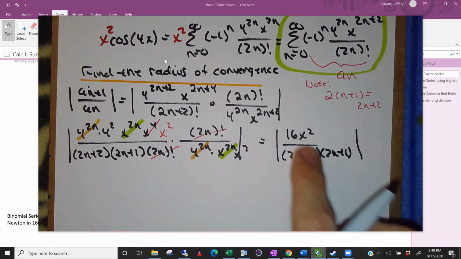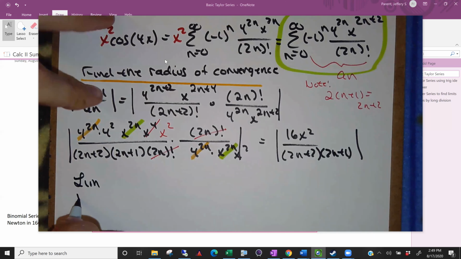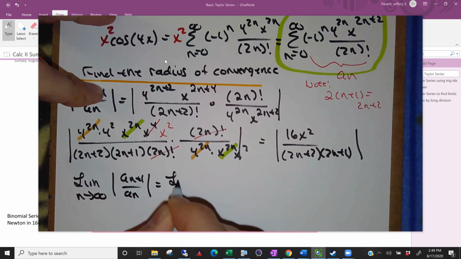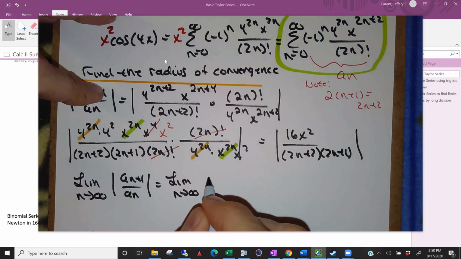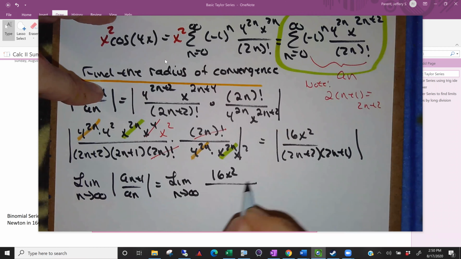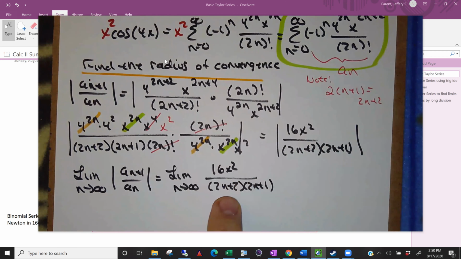And if we look at the limit as n approaches infinity of a sub n plus 1 over a sub n, that's going to be 16x squared over 2n plus 2 times 2n plus 1. I don't need the absolute values because 16x squared is positive, and as n approaches infinity, that's going to be positive.